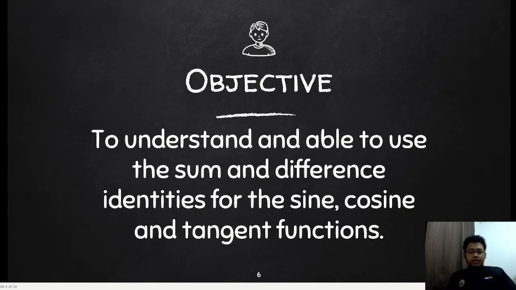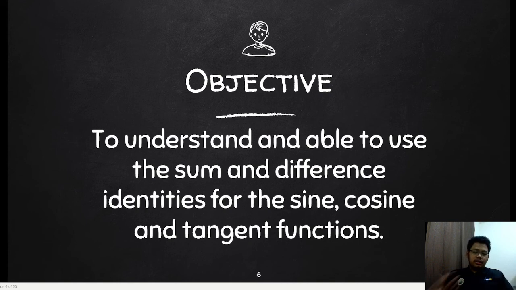So class, today what I want to teach you all is to understand and be able to use the sum and difference identities for the sine, cosine and tangent function. So basically what we learned about basic identities is about how cosine and sine are related to each other.